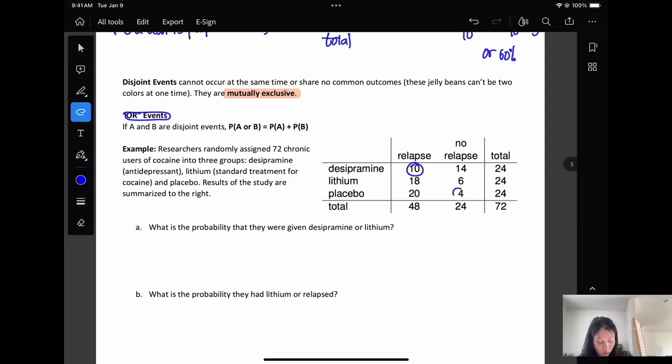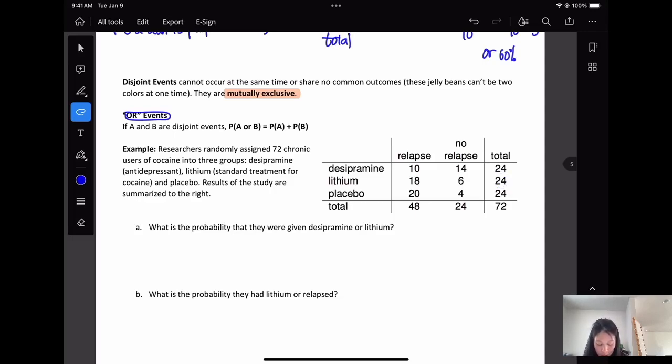And the 4 means the people who took the placebo and did not relapse. And the 24 means the total number of people who had no relapse. And the 24 in the lithium row means the total number of people who took lithium, including the people who relapsed and the no relapse. All right, so that's how we read the table.